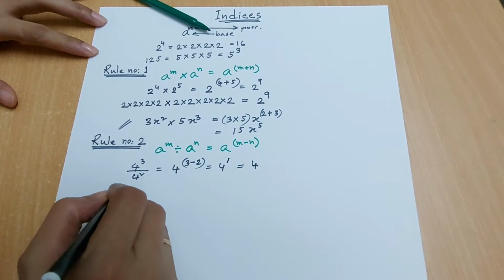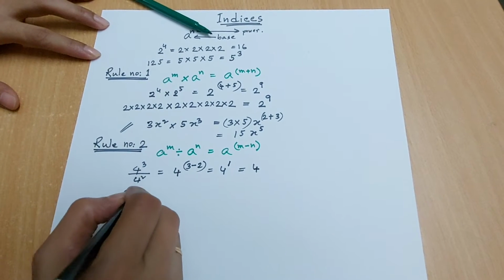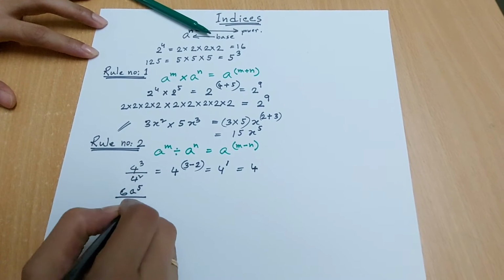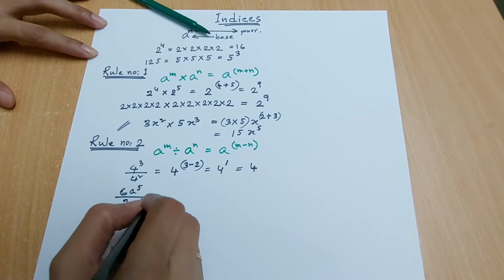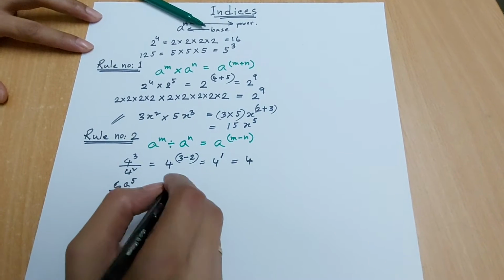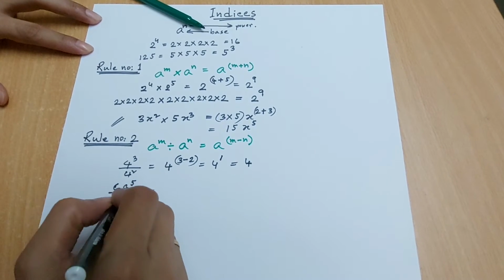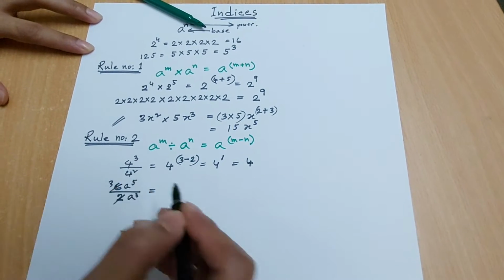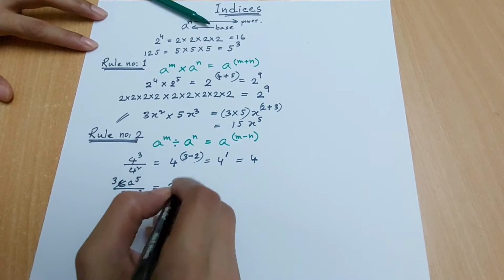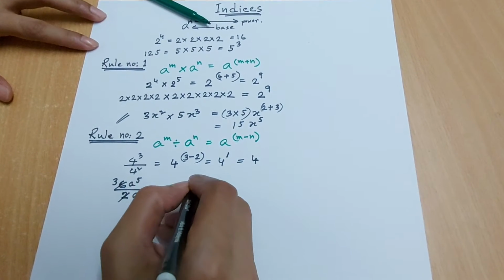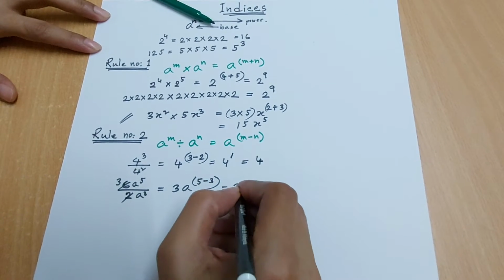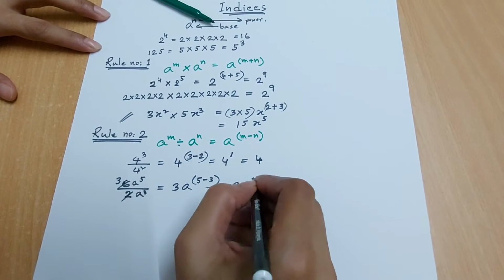Again, 6a power 5 over 2a cube equals, just 3 times here, 3a power 5 minus 3 equals 3a square.